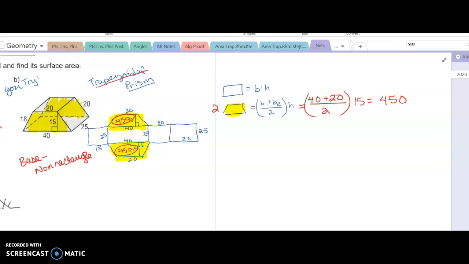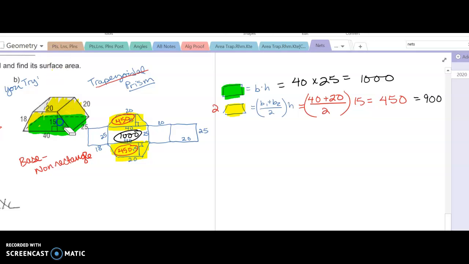Then for the bottom of this sucker, okay, we've got this green base here. Okay, so that would be just the 40 times the 25, base times height. So that's going to give us 1,000. Okay, and then, so this was 1,000, and this was 900 combined for both of the yellow trapezoids.